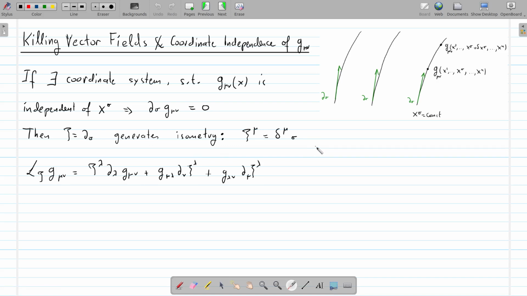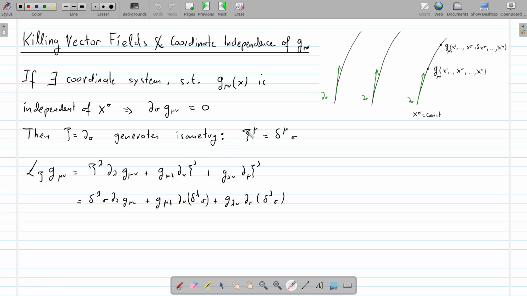From the coordinate system that we have just constructed, we see that the mu component of xi is just delta mu sigma. Therefore, the Lie derivative of the metric in the direction of xi has those three terms. That is true for any vector field.